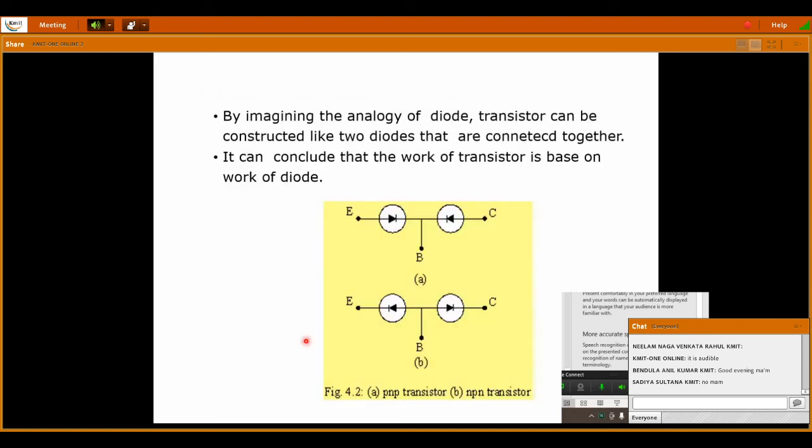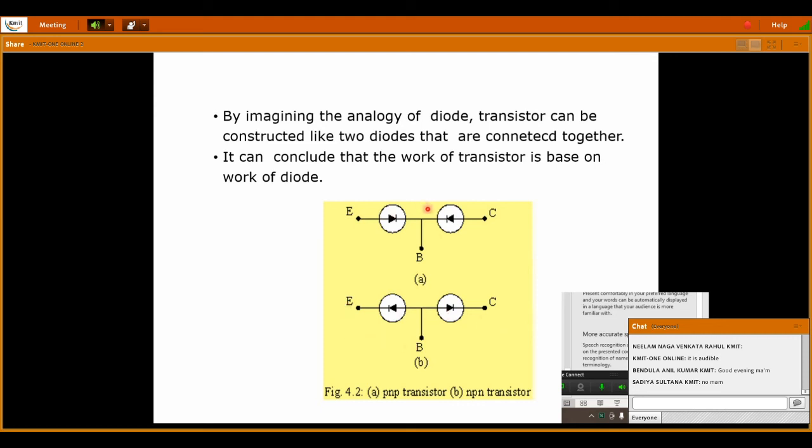Next, now just imagine that we have already concluded our first unit, the PN junction diode. Just for the understanding purpose, assume that two diodes are connected in series. Now this is the PNP transistor, and the second one will be the NPN transistor.